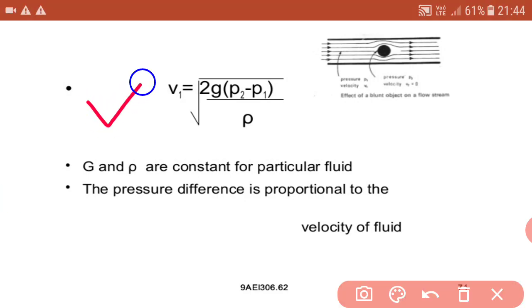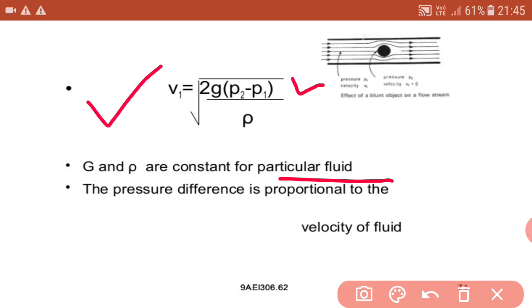V1 = √(2g(P2 − P1)/rho). So this is the formula for velocity V1. G and rho are constant for a particular fluid. It means these two are constants and do not vary with time.